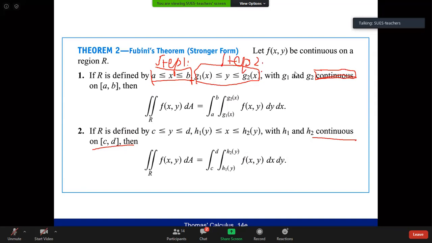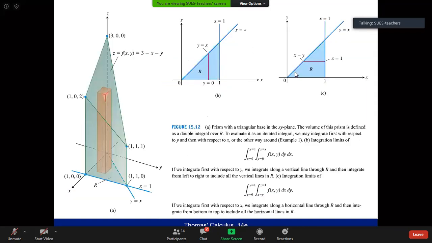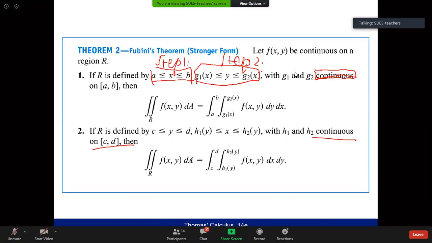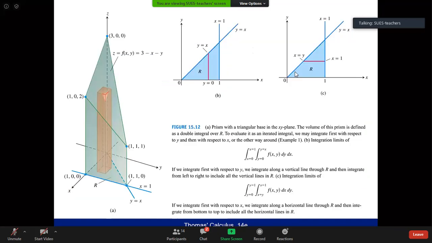Okay, so let's see this example. This is actually example one in our textbook. However, I want to use this example to show you the meaning of Theorem 2. Actually, it is fixing one variable and then calculating the range of the other.